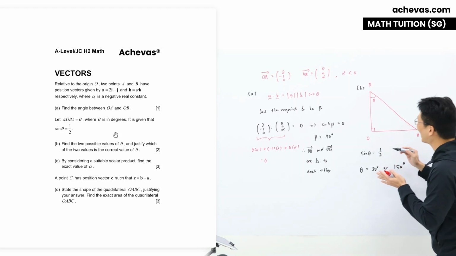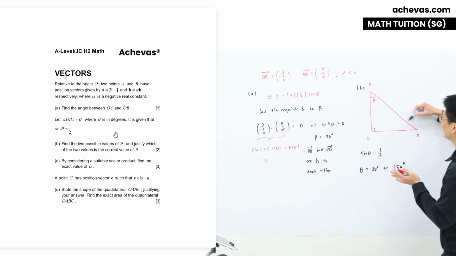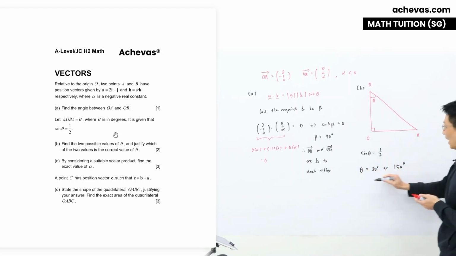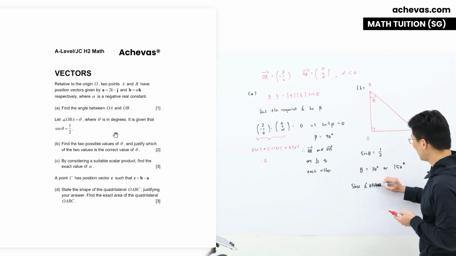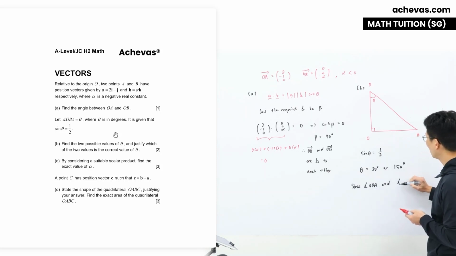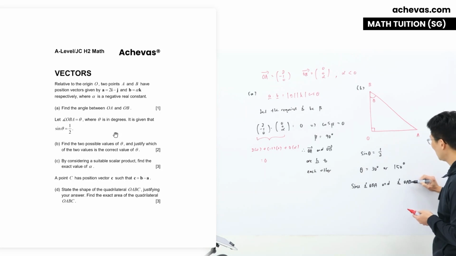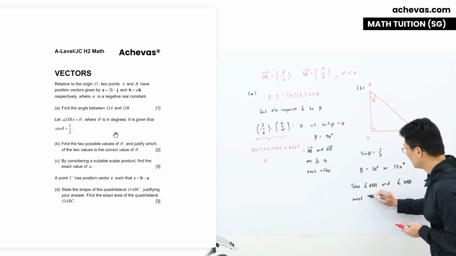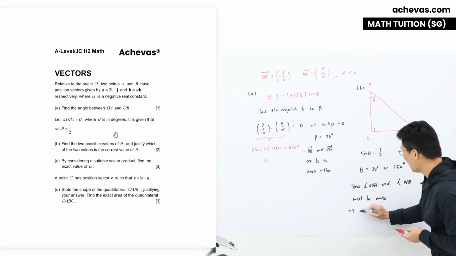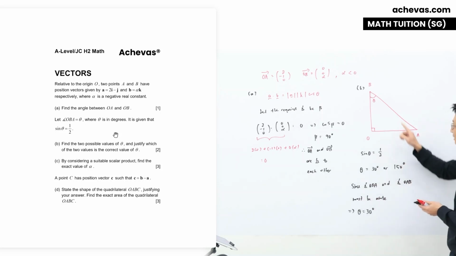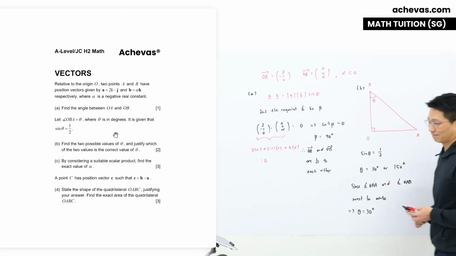Obviously, I can see that this angle and this angle are both acute. Since angle OBA and angle OAB must be acute, this implies that the angle theta we are looking at is basically 30 degrees.